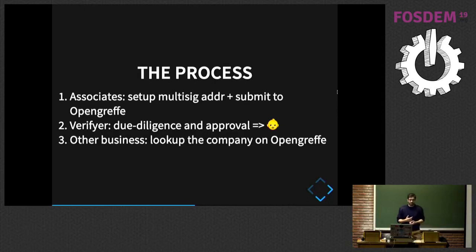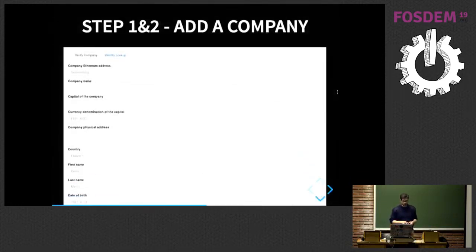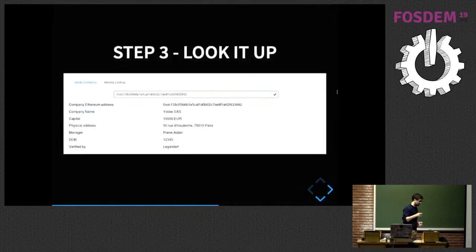I'm going to show an example of what we tried to do. This merges steps 1 and 2. Basically, you just upload some data about the company, all the things you need to identify the company, along with an Ethereum address. And then that's where I was saying to give sense to this.